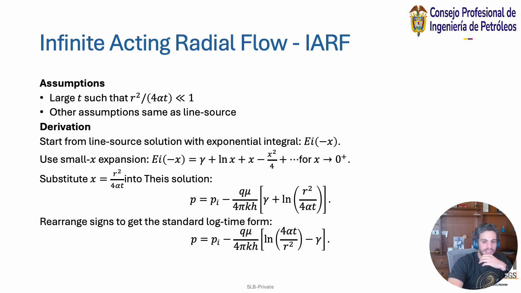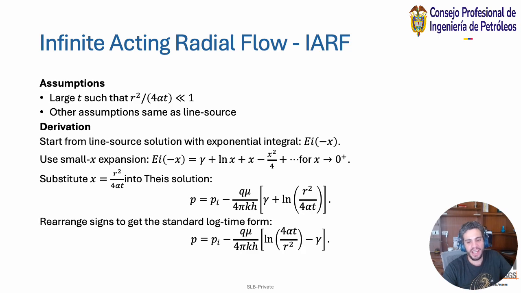When t is large, x becomes small, right? So it's inversely proportional. So we can substitute r squared over 4 alpha t into the exponential integral function, which we can say now is minus gamma plus natural log of r squared over 4 alpha t.